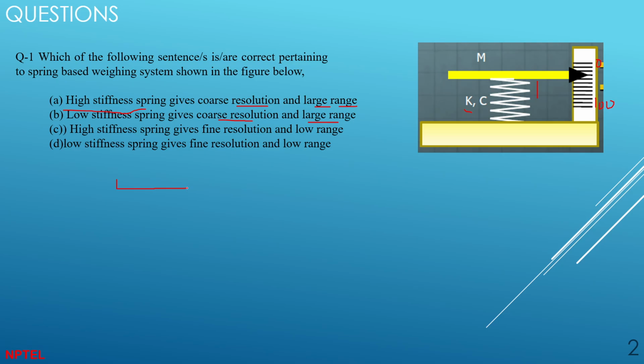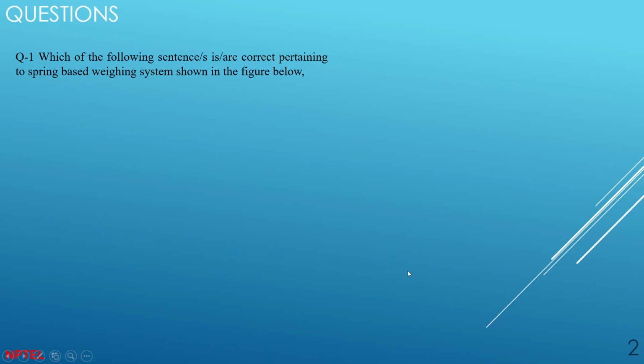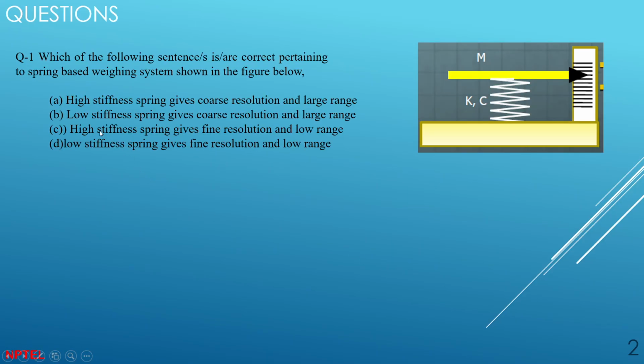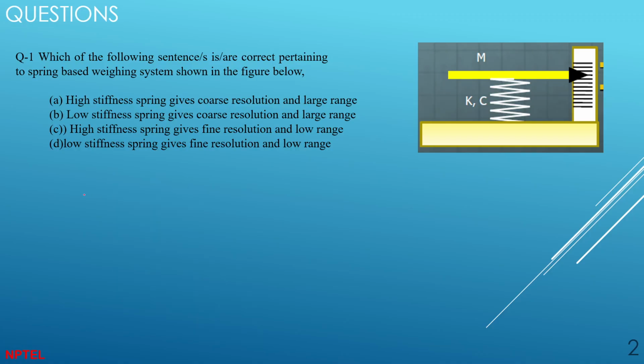So first of all, let's draw both the cases, where the stiffness is high and where the stiffness is low. A is the high stiffness.